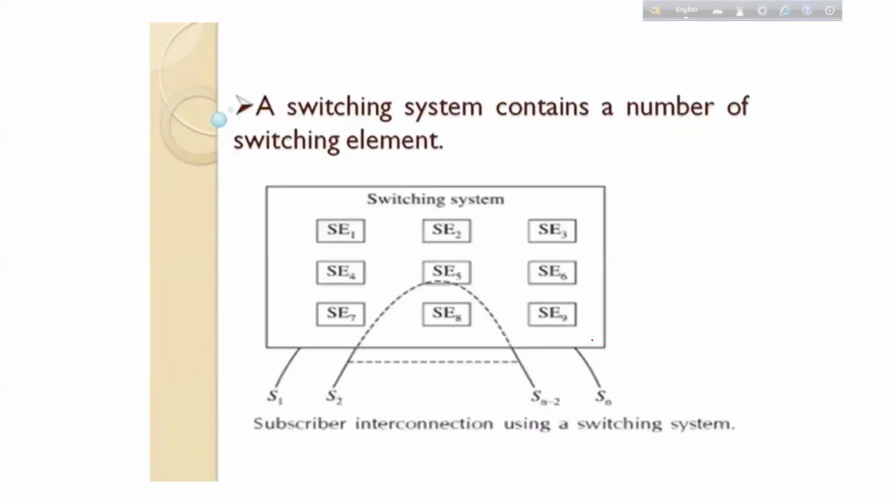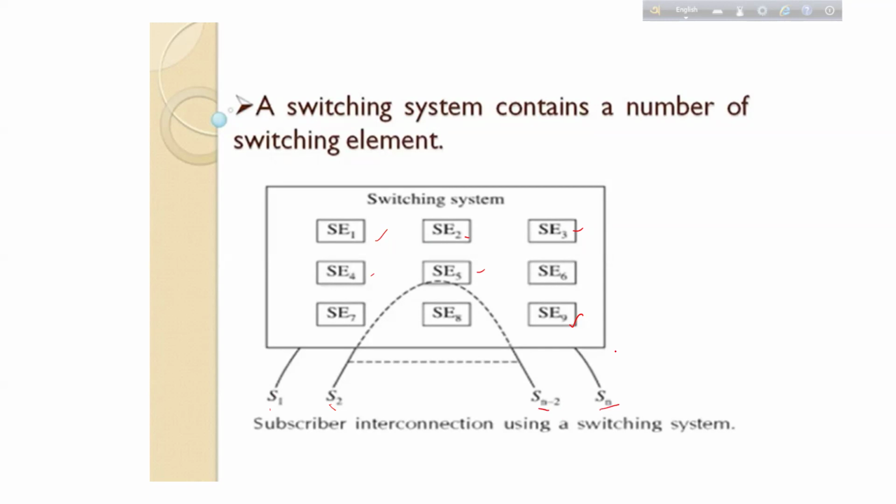Now, in the figure, we can see a combination of 9 switching elements. There are switching elements 1, 2, 3 to 9. And these are the subscribers. This is subscriber 1, this is subscriber 2, this is subscriber n minus 2, this is subscriber n.